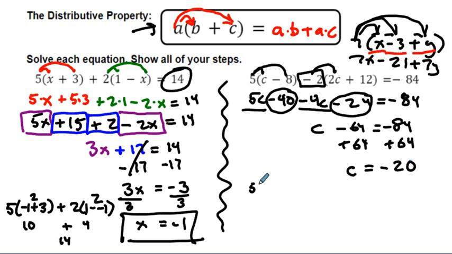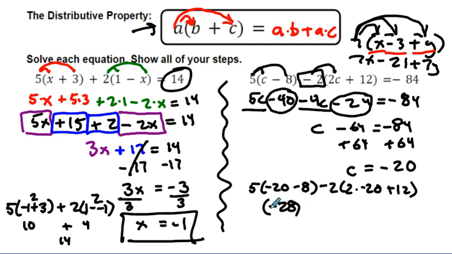And then let's put it in. All right, so we got 5 times negative 20 minus 8, minus 2 times negative 20, plus 12, and that should equal negative 84. So this is negative 28 times 5, deal with you in a second, minus 2 times, well, this is negative 40, right, and 12, which gives me negative 28.